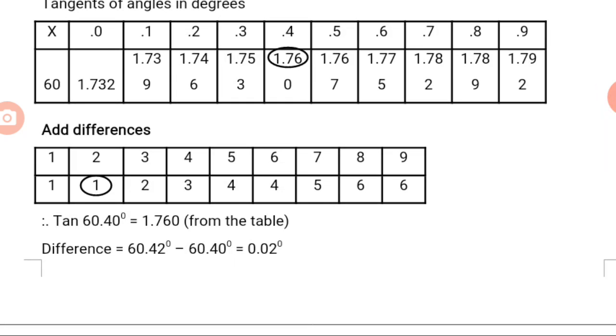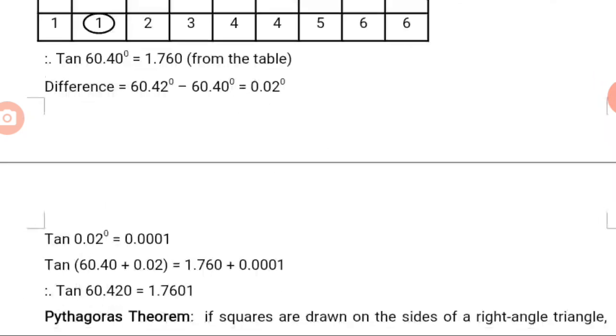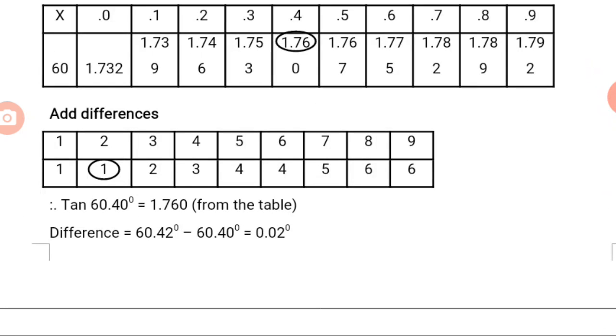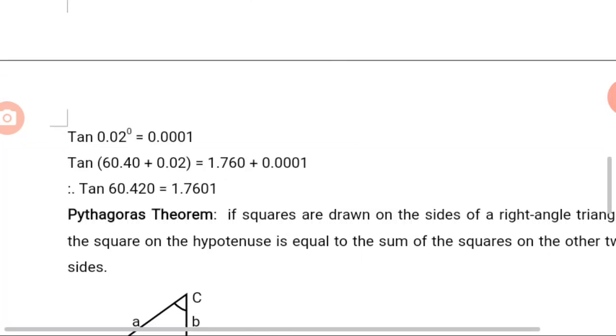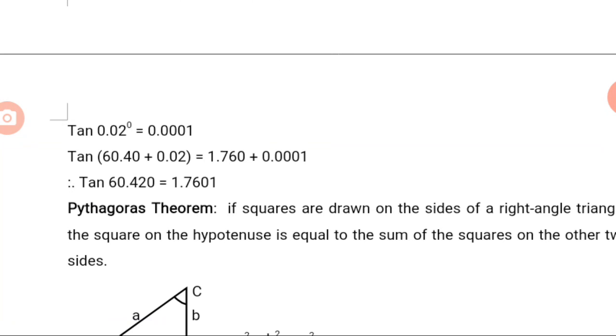Is that clear? Then the difference is that we subtract 60.40 from 60.42 degrees, which will give us 0.02 degrees. Now, under this, we add the difference.